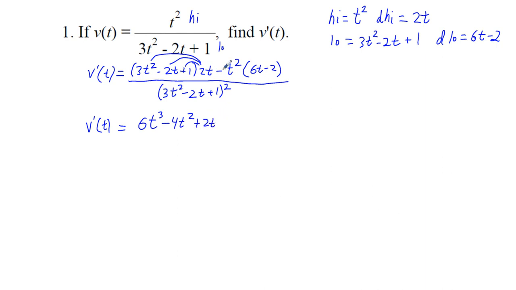And then we have the distribution of t squared over here. So we have minus t squared times 6t, so it's going to be minus 6t cubed, and then minus t squared times negative 2, so it'll be plus 2t squared, all over low squared. So yeah, this is just the cleanup process here.